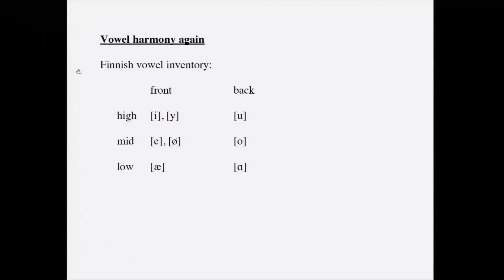Now Finnish has vowel harmony, like Turkish. It has a lot of suffixes that harmonize with the noun, and in particular, Finnish is kind of famous among linguists for having a lot of suffixes on nouns that are thought of as cases.